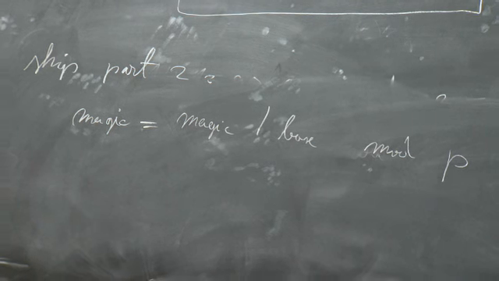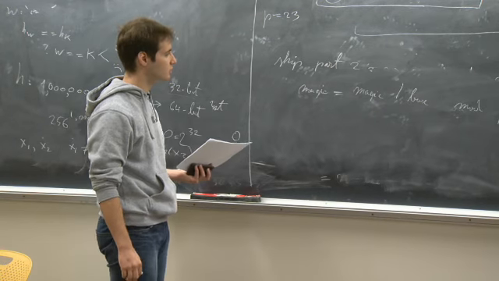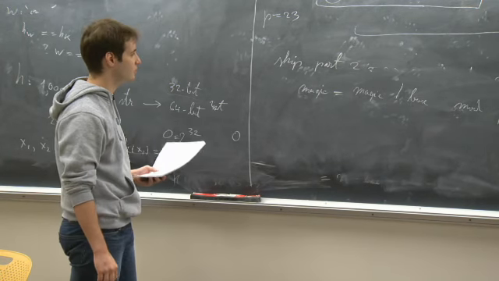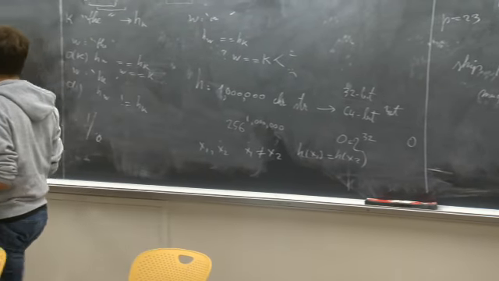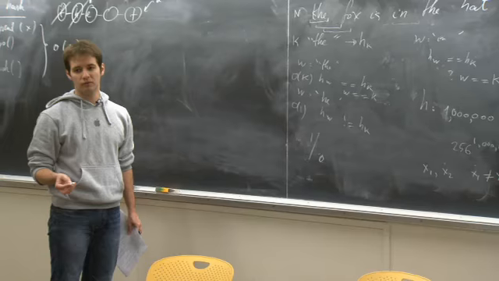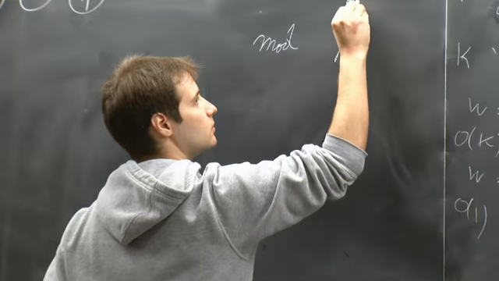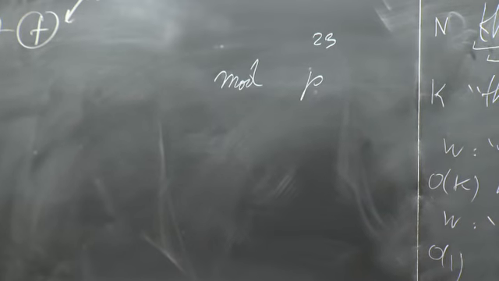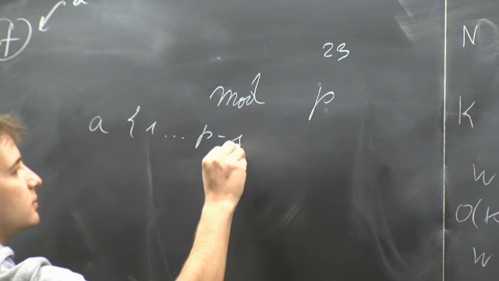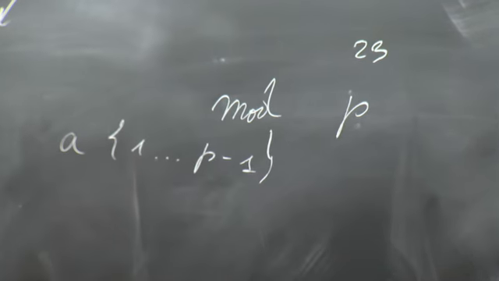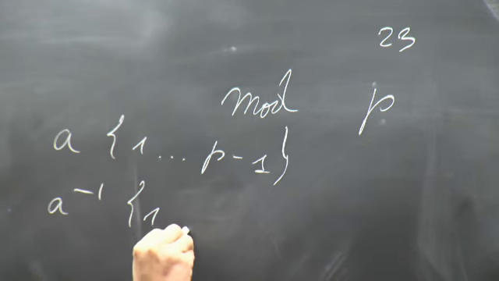This is where we use fancy math. And I call it fancy math because I didn't learn it in high school. So I'm assuming at least some of you do not know how this works. So if we're working modulo p, you can think 23 if you prefer concrete numbers instead. For any number between 1 and p minus 1, there's something called a multiplicative inverse, a to the minus 1.